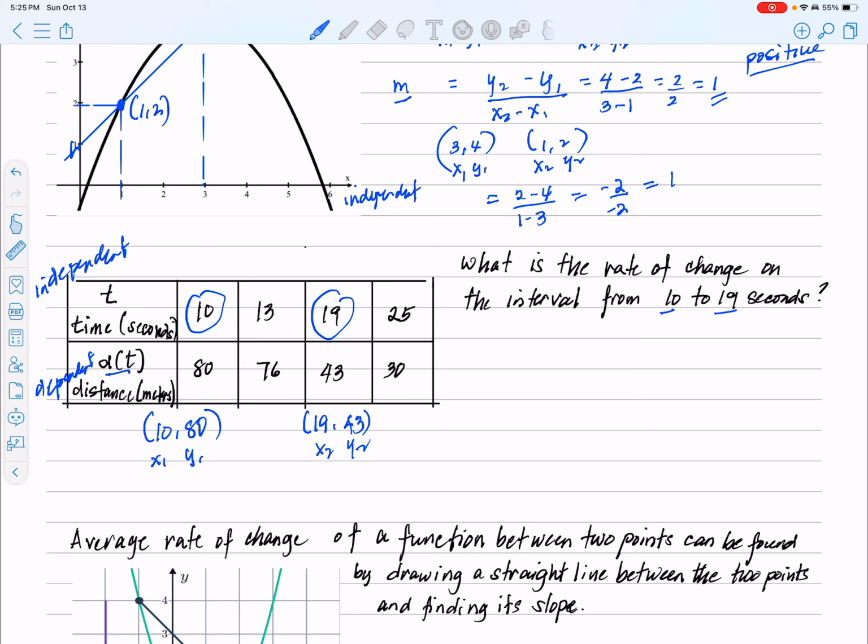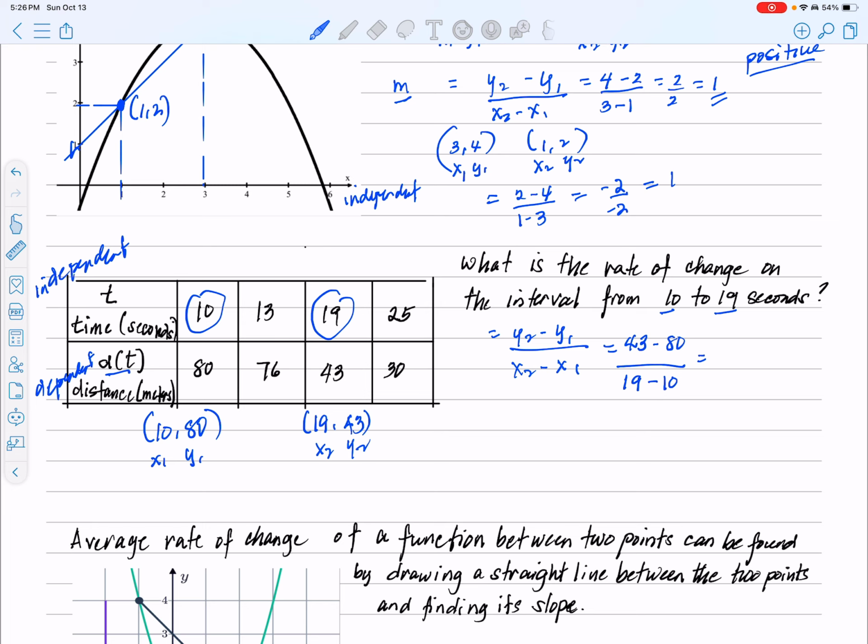So I have the change as y2 minus y1 over x sub 2 minus x sub 1. And that is y sub 2 is 43 minus y sub 1, 80, over x sub 2 is 19 minus x sub 1 is 10.